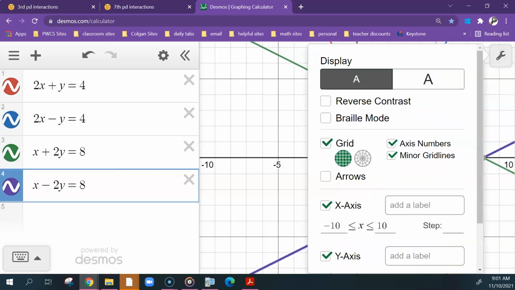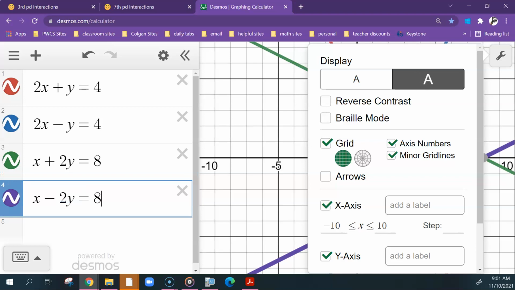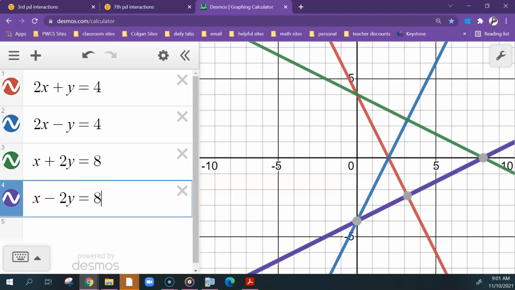I'm going to go into this wrench and choose this. It's supposed to be like projector mode. It just makes the lines thicker, bigger, so you can see it more accurately.